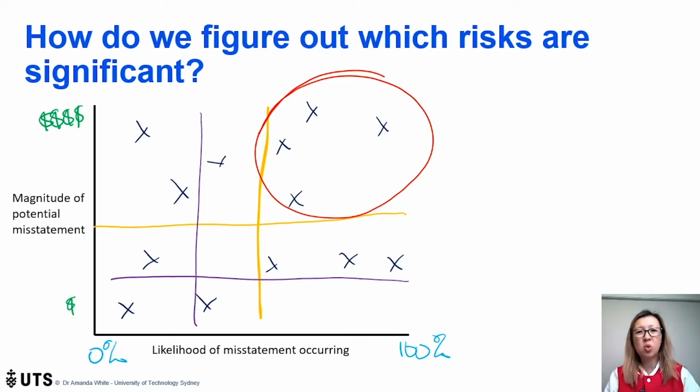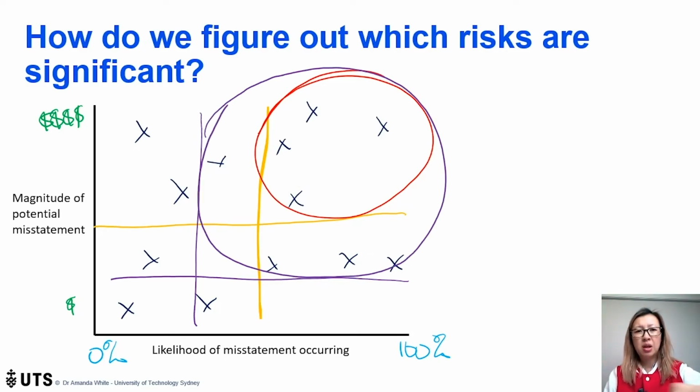Rather than being exactly quadrants, I might actually expand what goes into my significant risk list, because if a company collapses and our audit didn't take into account everything, I'd rather do more work by making more risks significant and then having to deal with the planning and gathering evidence than do less and then potentially end up with an audit that doesn't meet the Corporations Act requirements in terms of meeting the ASAs.